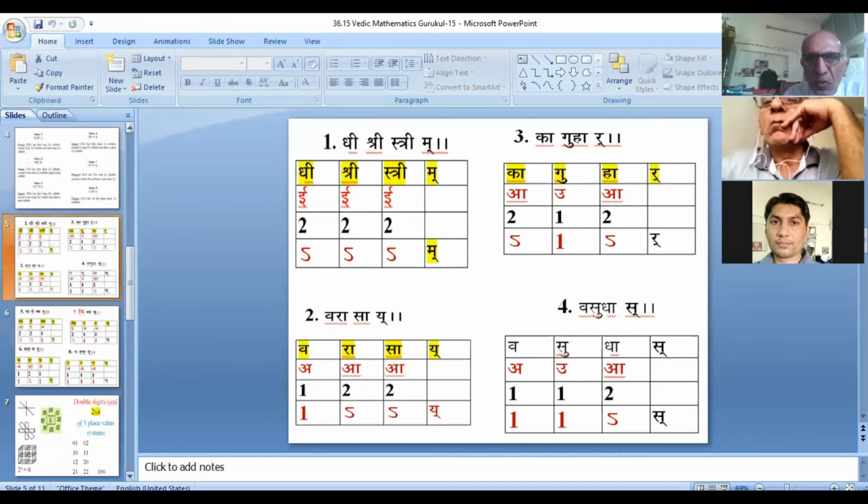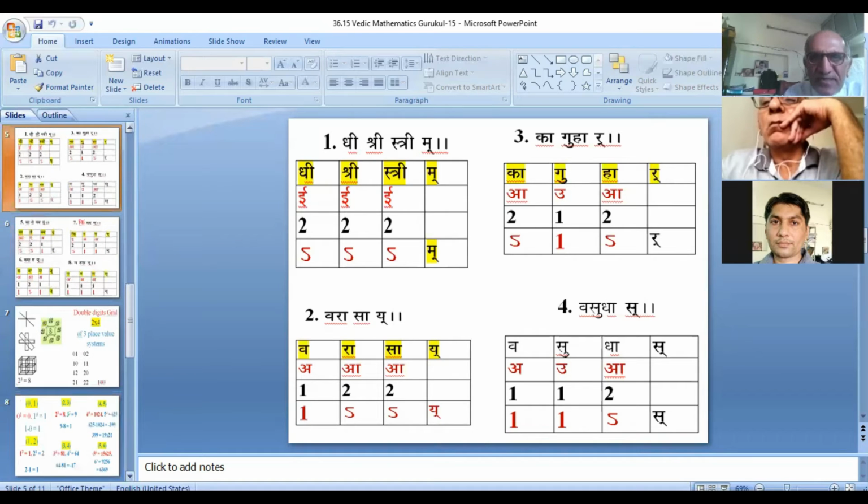There are four columns and the four syllables of the text Dhi, Shri, Istri and Ma have been distinctively mentioned. So in the first column, first row, there is a mention of Dhi, the first syllable of the text. In the second column, first row, the mention is Shri, then it is Istri, and last is Ma.